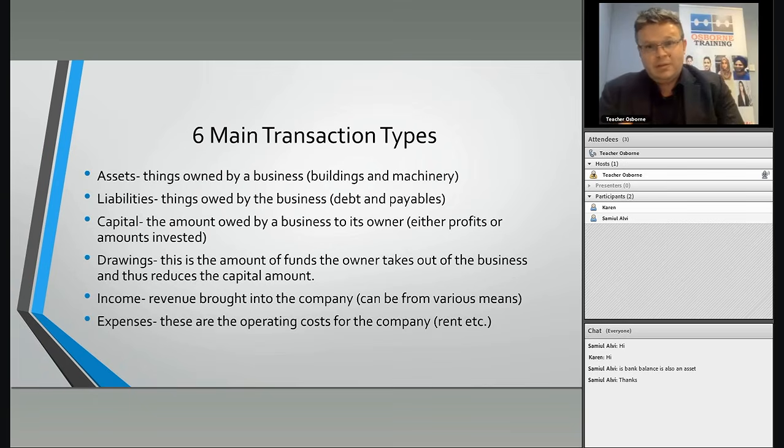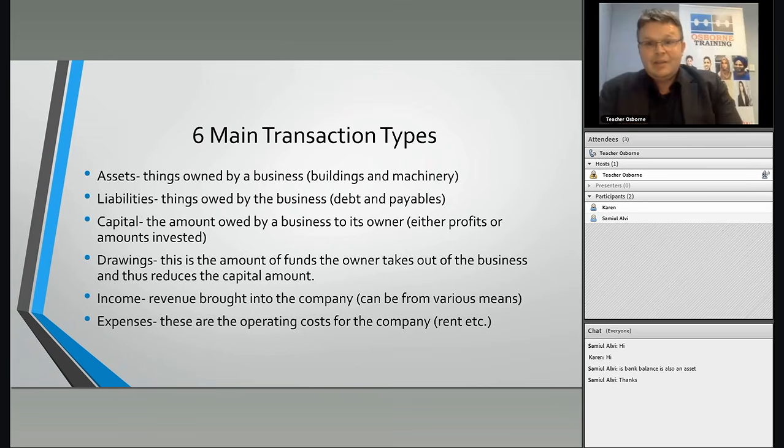Now that's very simplified, but in later chapters we'll go into a bit more detail. So the fourth type we have are drawings. This is where the owner actually takes money or goods out of the business. All right. So this reduces the capital amount. So if I take £500 from my business, my capital amount is going to go down by £500. But we'll look at that once again in a few minutes.